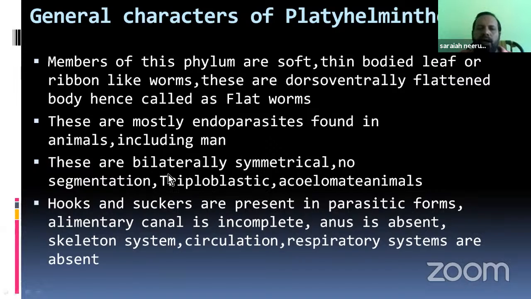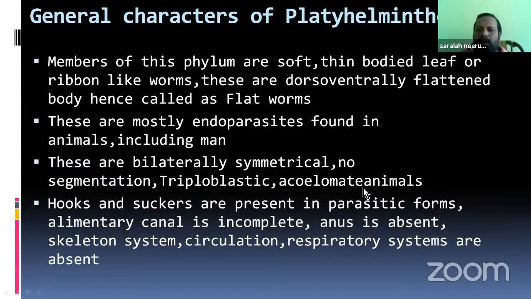Except coelenterates and poriferans, which are sponges and diploblastic, all the remaining animals, from platyhelminths to chordates, are triploblastic, with three germ layers: ectoderm, endoderm, and mesoderm.